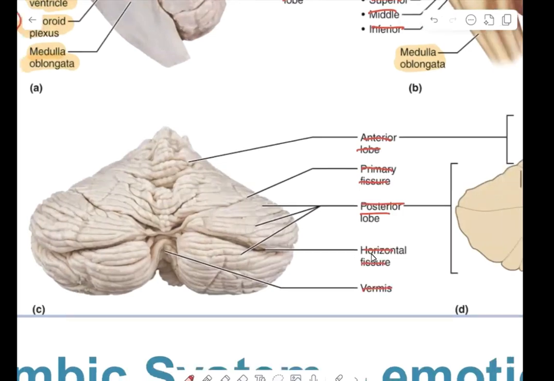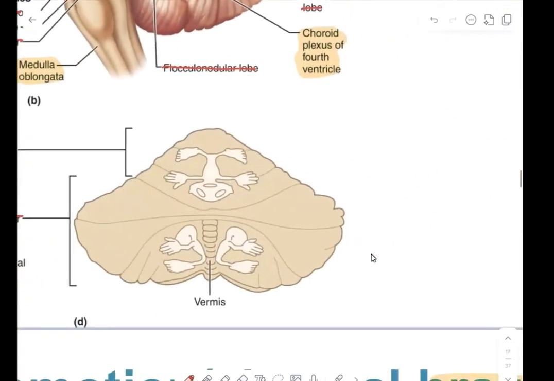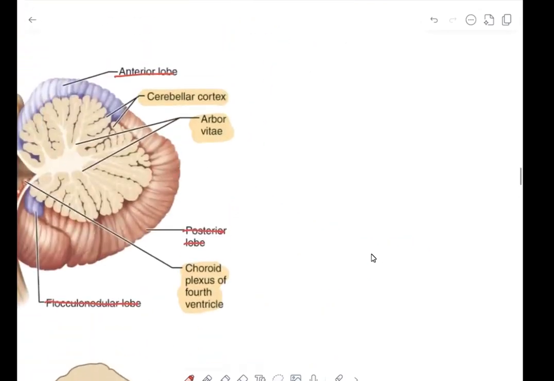But you do need to know that this is basically a homunculus, like we saw earlier for the cerebral cortex. The cerebellum is going to receive impulses from the cerebral cortex of their intent to initiate voluntary muscle contraction.